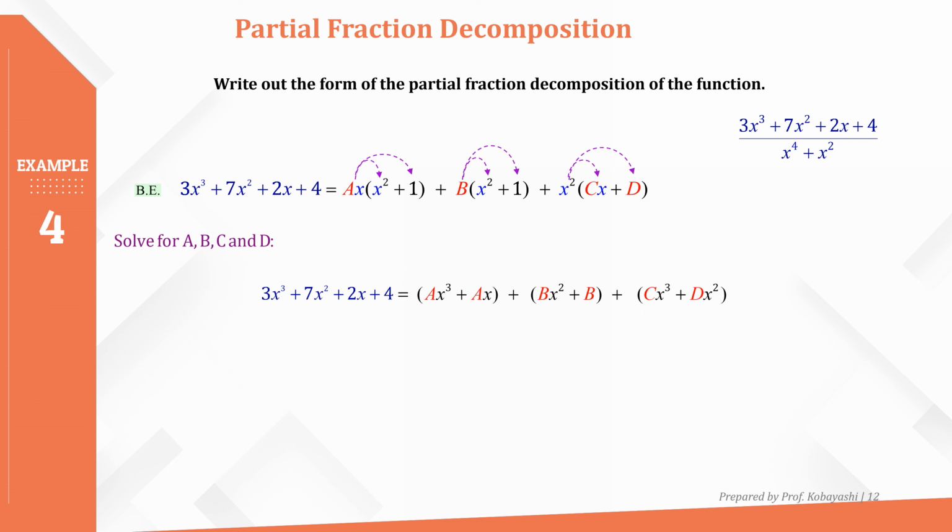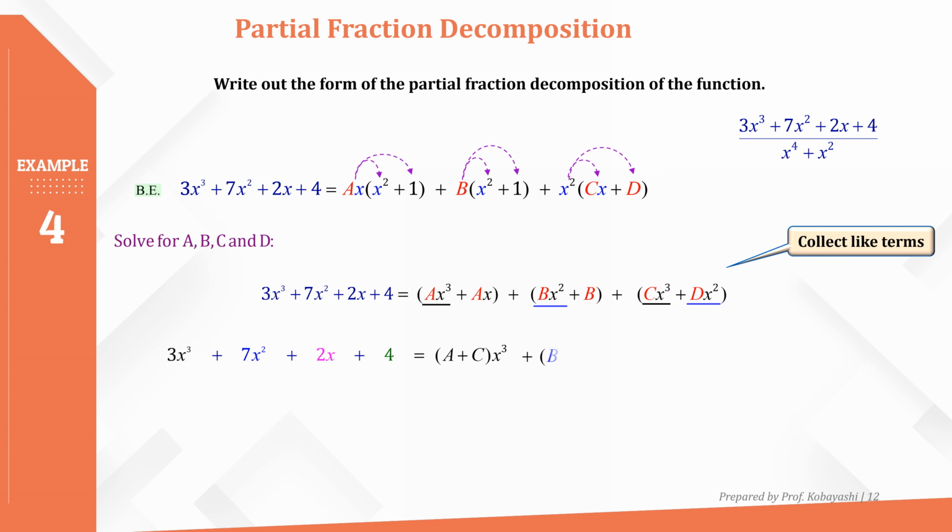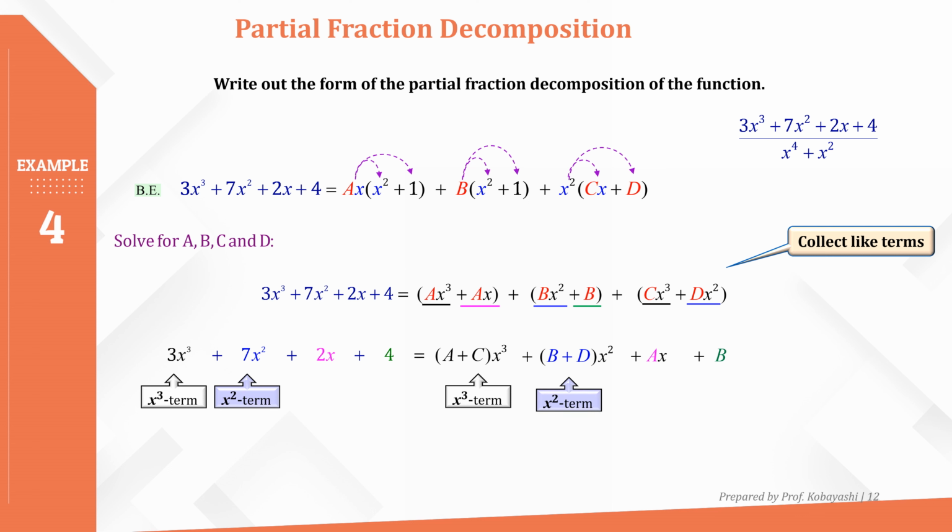Then gather powers of x together: A plus C for the x cubed term, B plus D for the x squared term, only A for the x term, and lastly, just B is the constant term. As you can see, there are all 4 different terms on both sides of the equation.